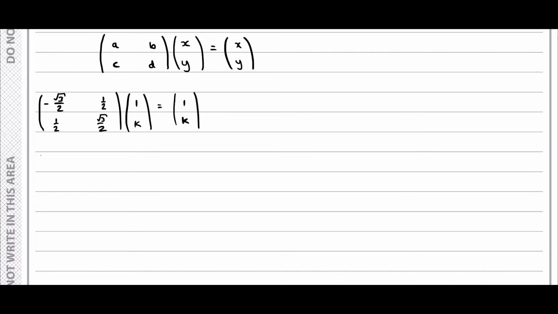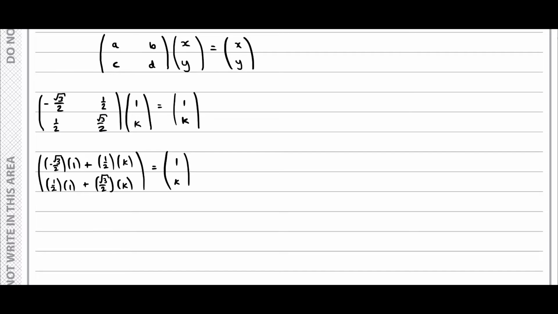If we multiply the matrix together, we have -√3/2 lots of 1, plus 1/2 lots of k, and then we have 1/2 lots of 1, plus √3/2 lots of k, and this is equal to (1, k).